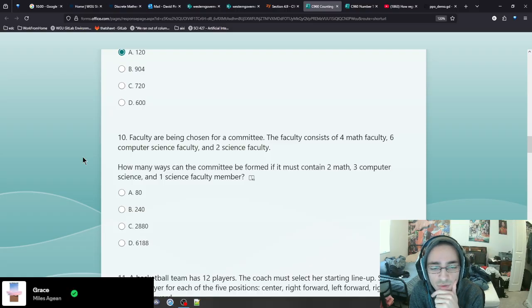So it says it must be formed with 2 math, 3 computer science, and 1 science faculty member.